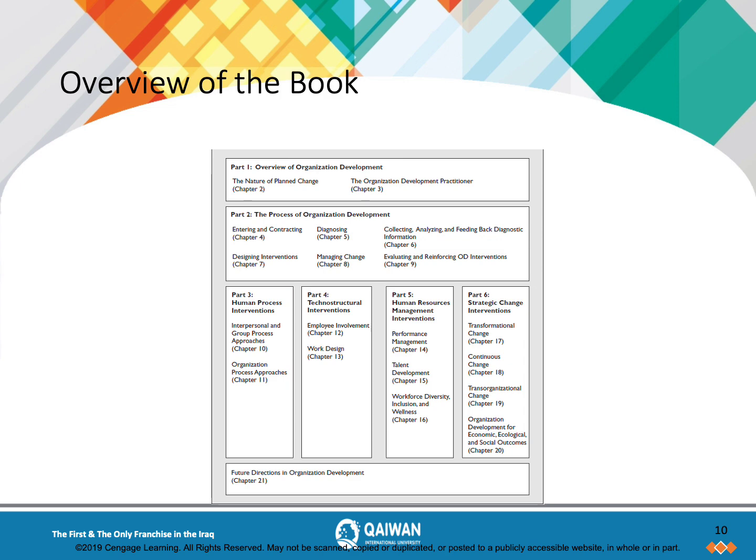Next class we will go deeper into how organizational development actually works in practice, and how organizations diagnose problems and implement change. Remember that organizations don't succeed just because they change. They succeed because they learn how to change continuously. So that is the essence of organizational development.